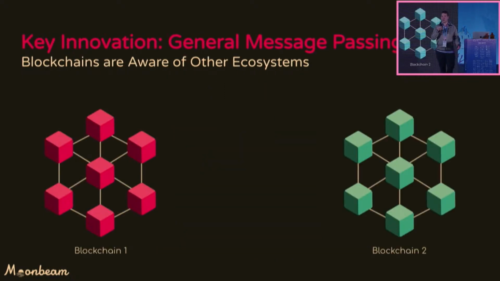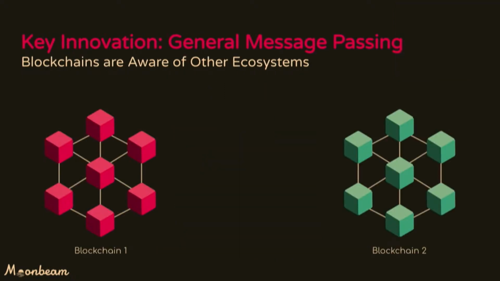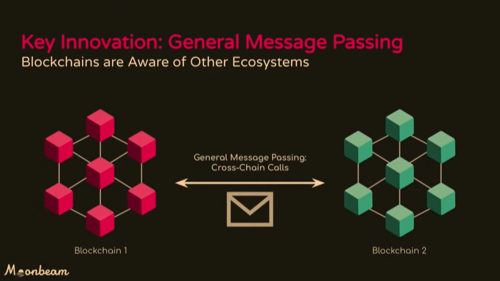So to reiterate, general message passing is what enables this connected contracts approach. If we didn't have the GMP providers that are connecting all these different chains together, we would have a very, very difficult time. So it means that applications on these blockchains can have more of a unified approach.